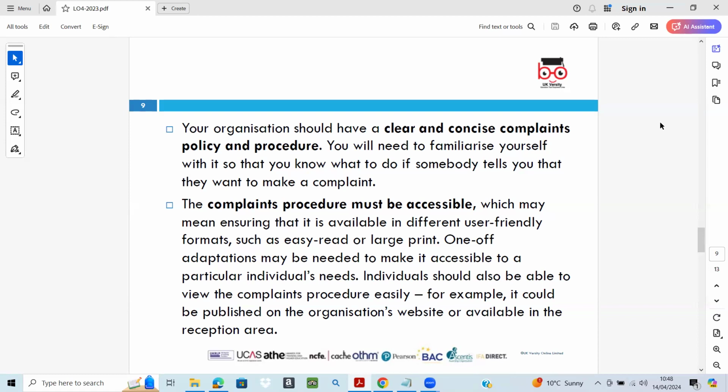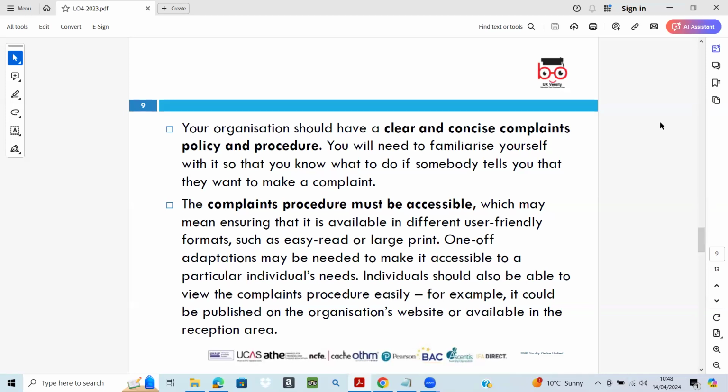Someone with visual impairments might require large print, while someone with a learning difficulty might benefit from an easy read format. Ensuring that these formats are readily available means that no one is excluded from using the complaint procedure based on their physical or cognitive abilities.